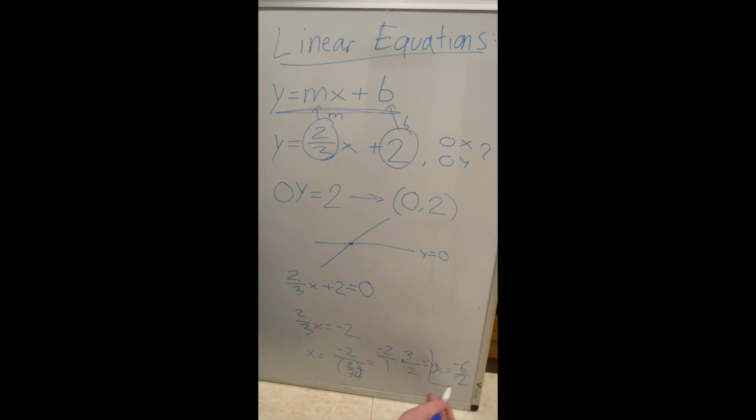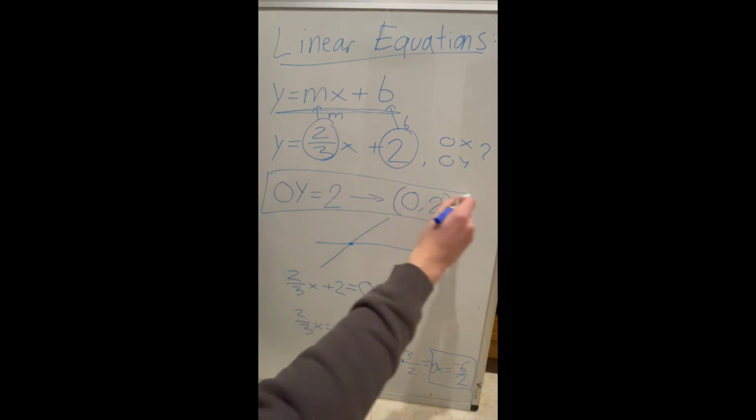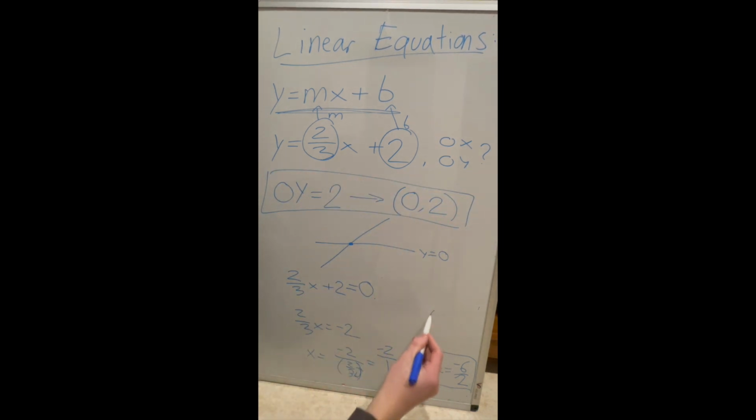And this will be your final result for OX, which can also be shown as minus 6/2, which can actually be simplified to minus 3, 0.